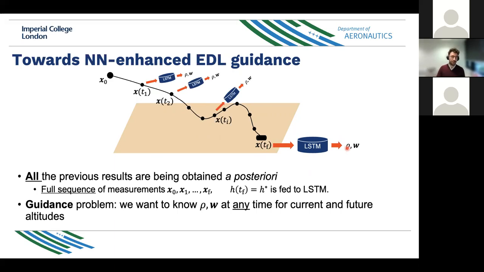However, what we would ideally like to do is go towards an online prediction scheme in which we can pass to the LSTM partial sequences taken along the trajectories and get global estimates of density and winds, at any time for the current and the future altitudes, in order to improve the controls that are computed on board.